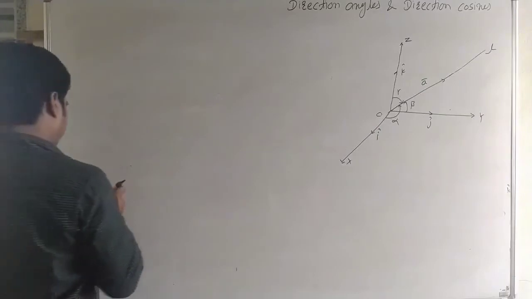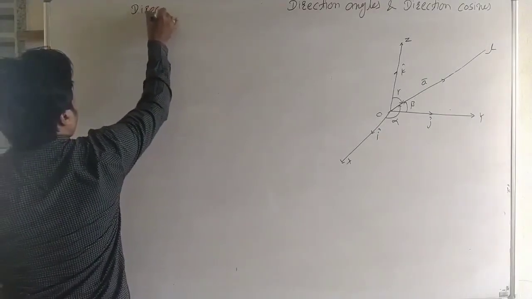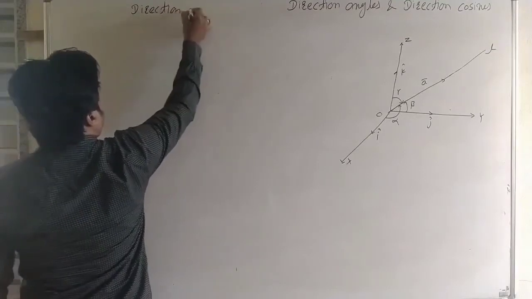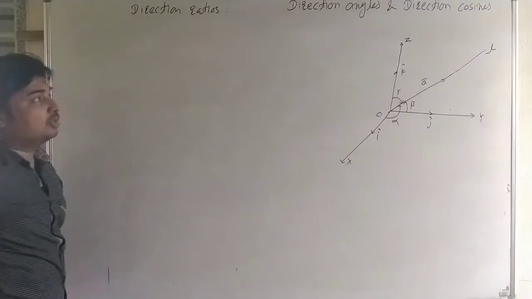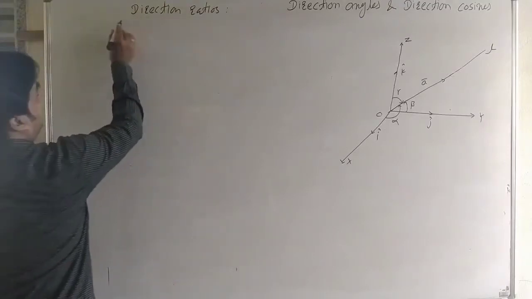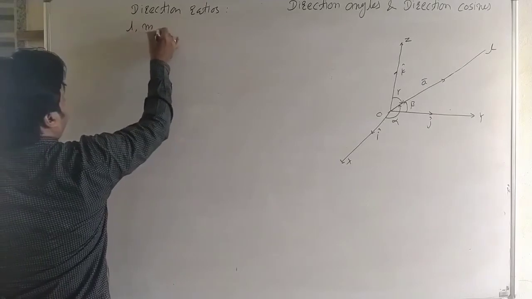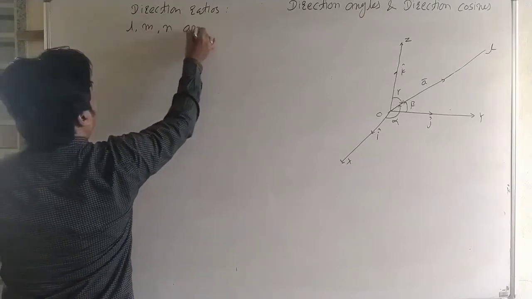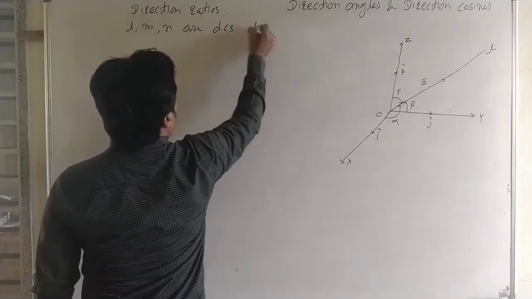Direction ratios of a line or a vector. Here l, m and n are the direction cosines of the line.